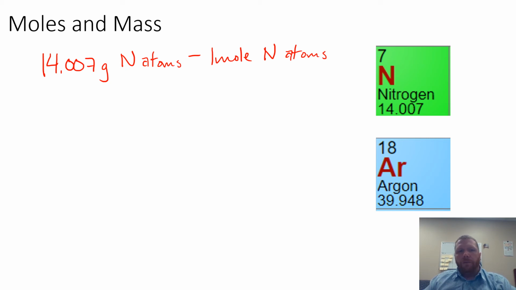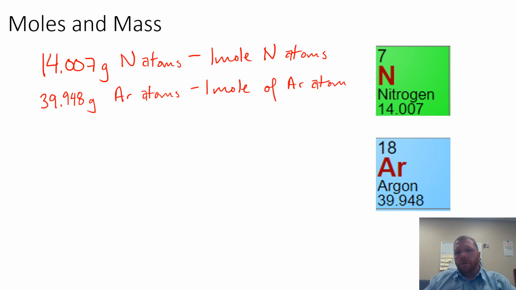If you have 39.948 grams of argon atoms, you have 1 mole of Ar atoms. Okay, so now let's look at these masses. Well, 14 grams is less than 39 grams.